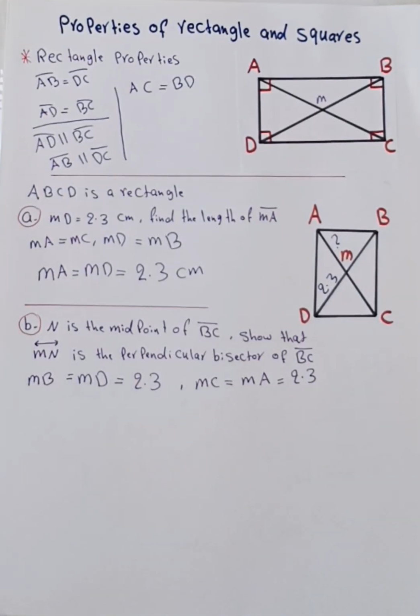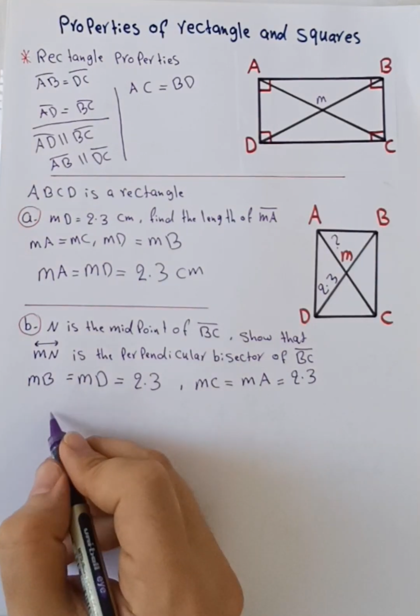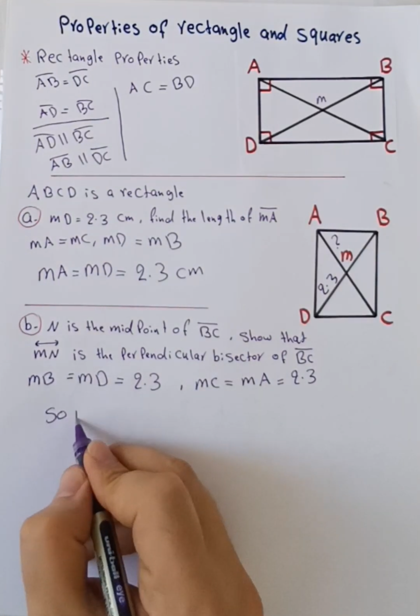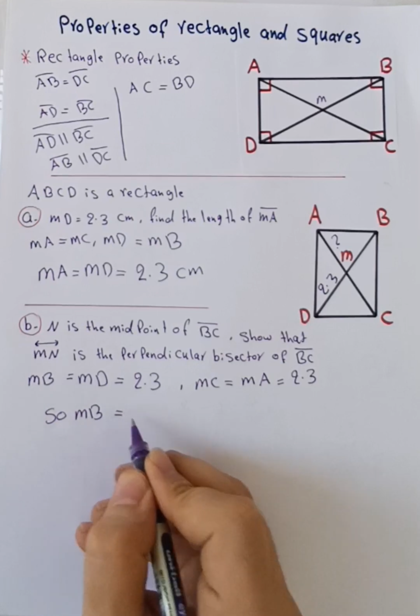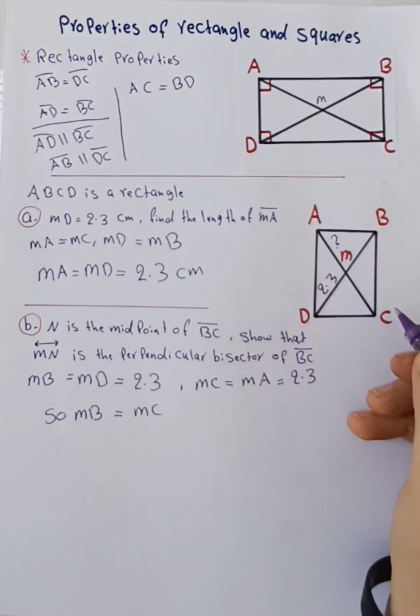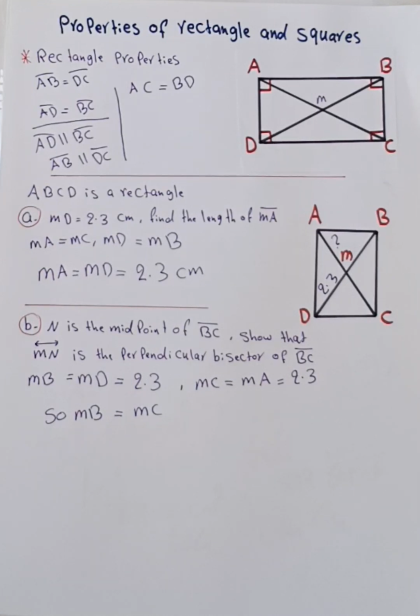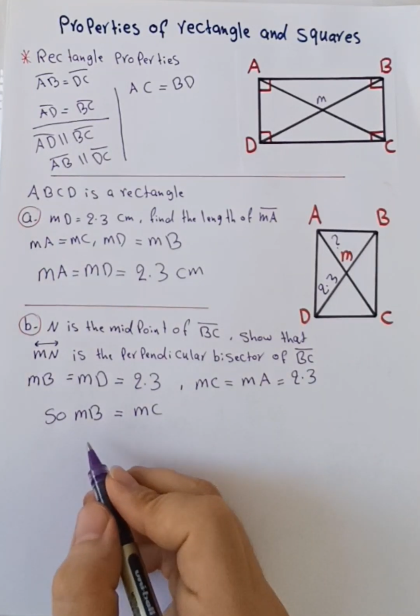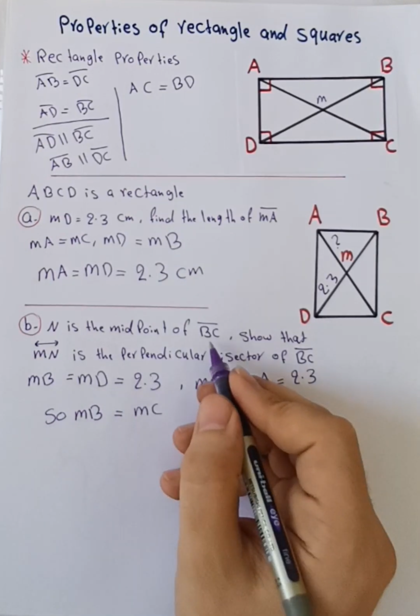The diagonals are congruent and bisect each other. So we can say MB equal to MC, and then N is the midpoint of BC.